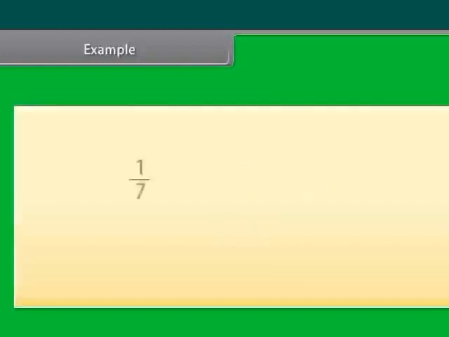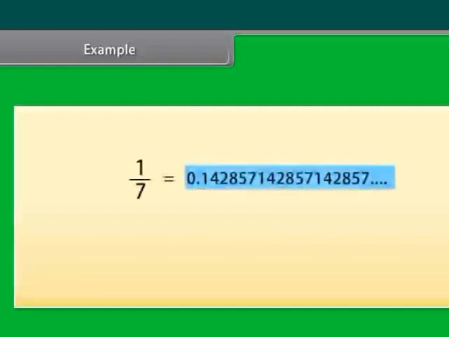The decimal expansion of 1 by 7 is 0.142857 and so on. Here 1, 4, 2, 8, 5, 7 is repeating. So we can write it as 0.142857 bar.